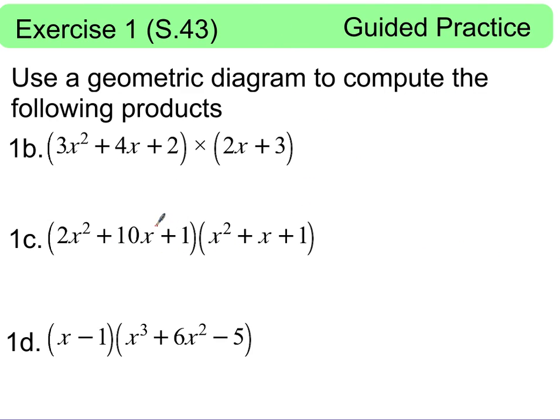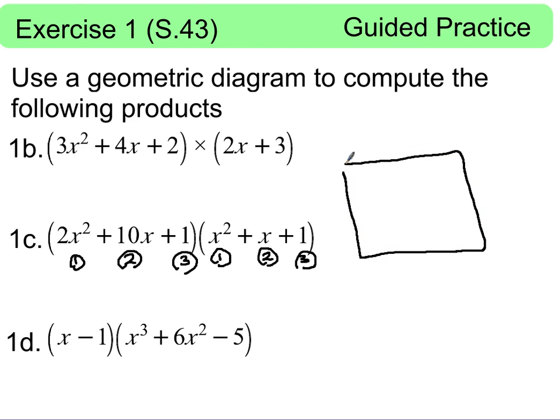So 1C and 1D, the setup will basically look the same. We see a 3 term polynomial, or a trinomial, times a 3 term trinomial. And so the students will end up drawing a box.